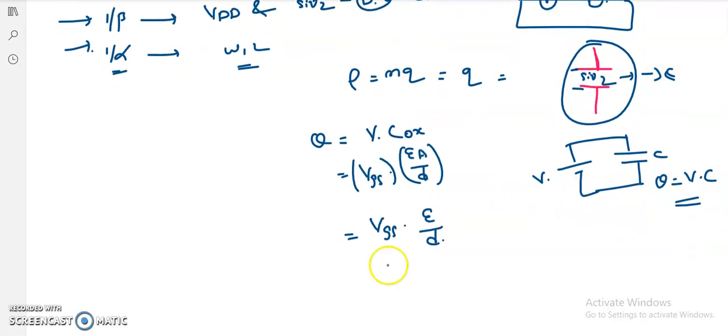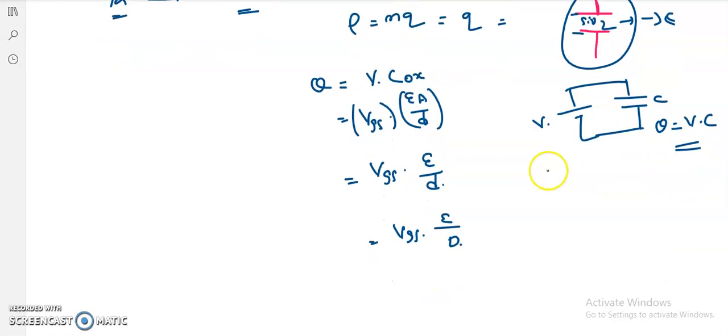So we can write Q, the charge density, as VGS into epsilon divided by capital D. Now if I apply the scaling factors to these parameters, anyhow epsilon is a constant, so you need not worry about that.